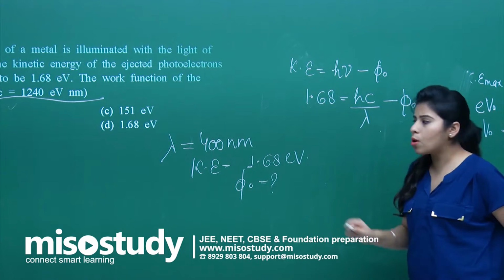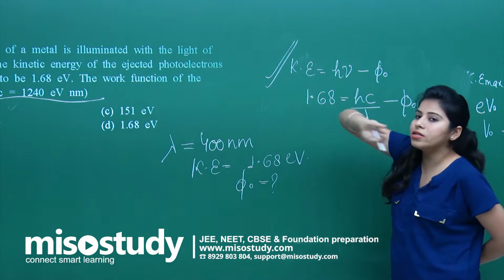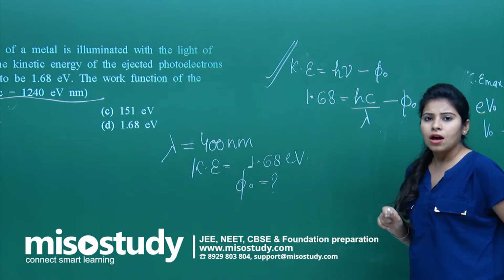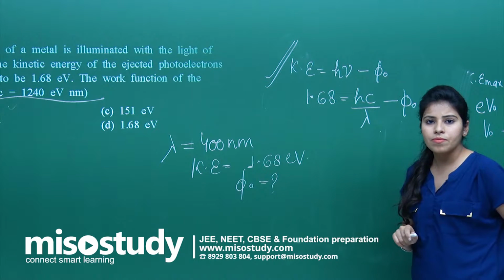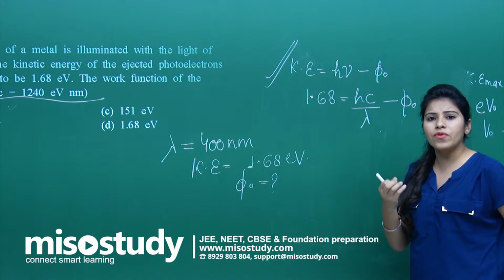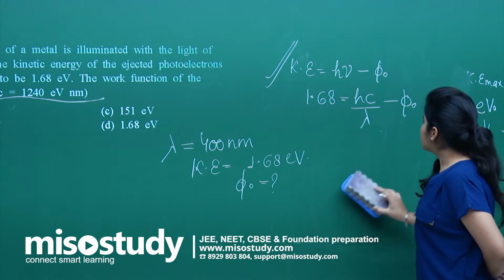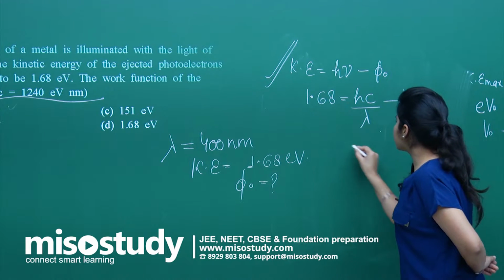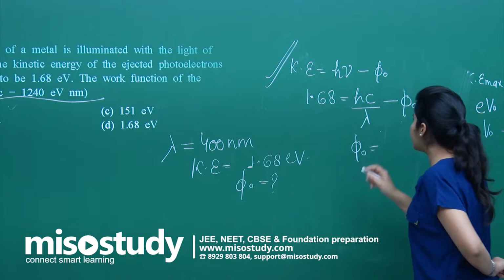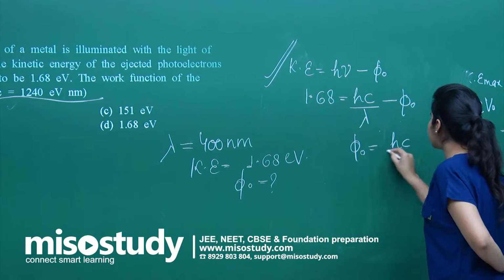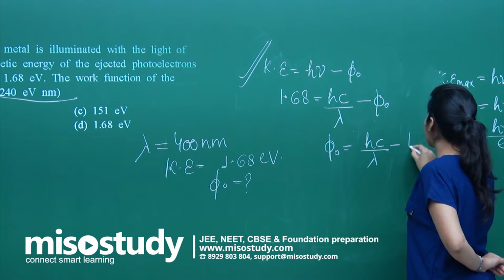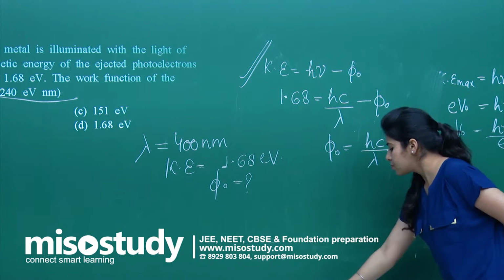You just have to know about this equation and nothing else. How important this equation is, and you can score very good marks if you are clear with this. So, now let me bring this phi naught to here because we have to find its value. It would be hc by lambda minus 1.68.